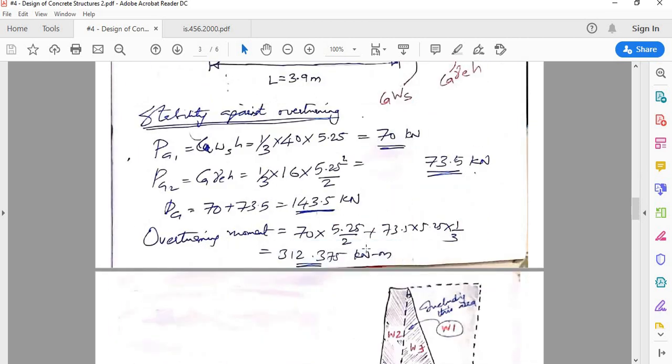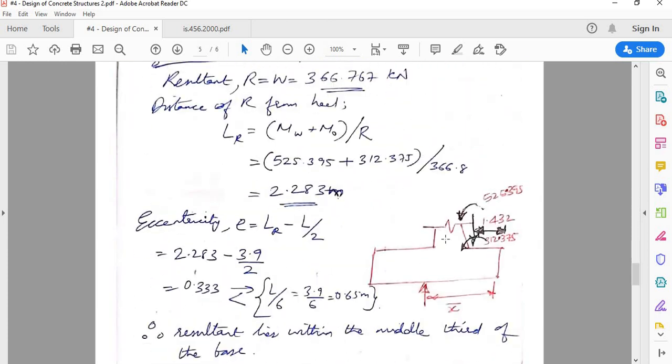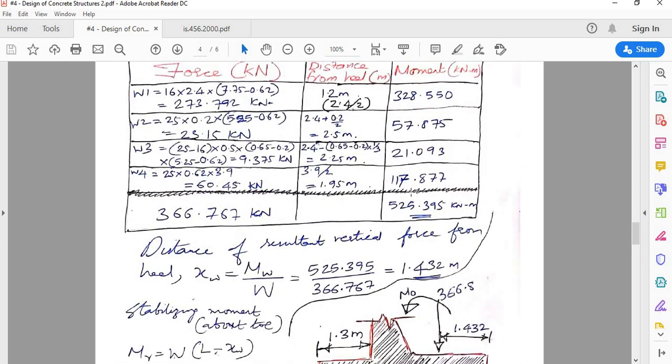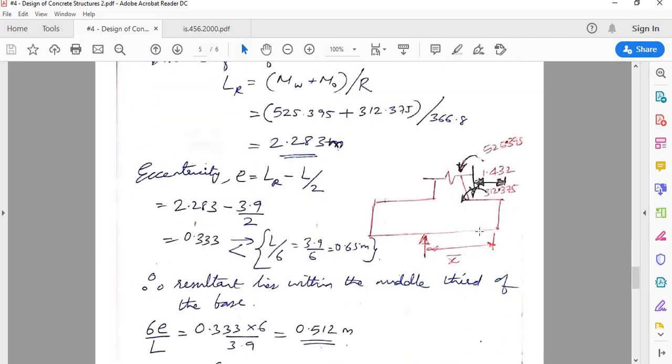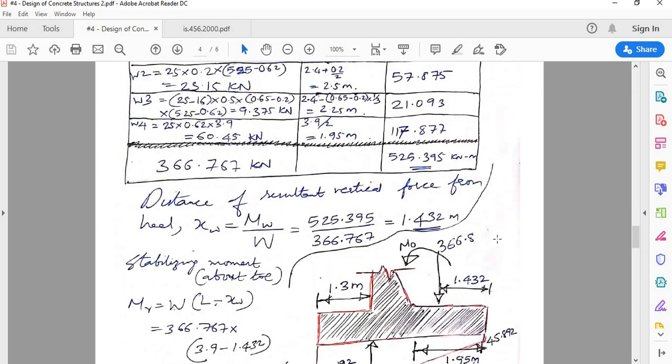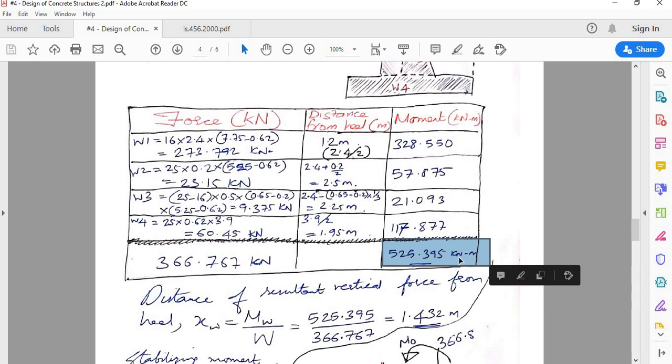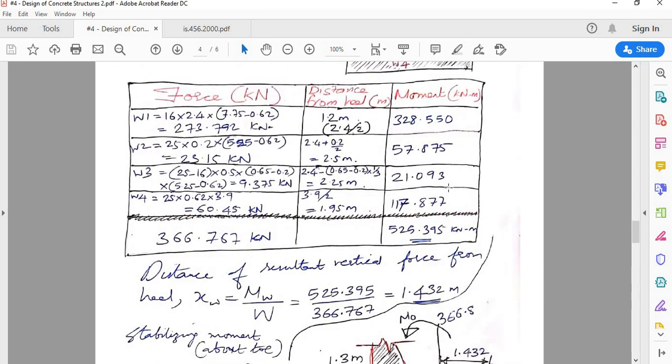It is 312.375, which is due to the effect of active earth pressure including surcharge. Then you have the moment due to the vertical weight and components, which we also calculated here. This is the net moment due to the weight about the heel portion.